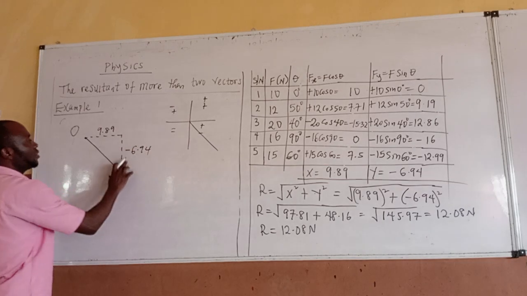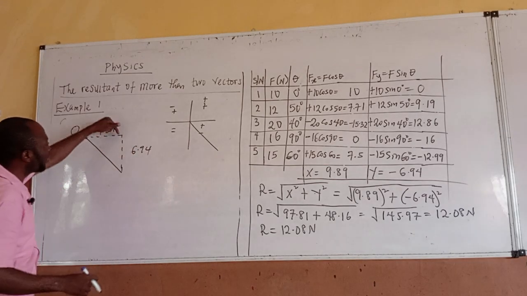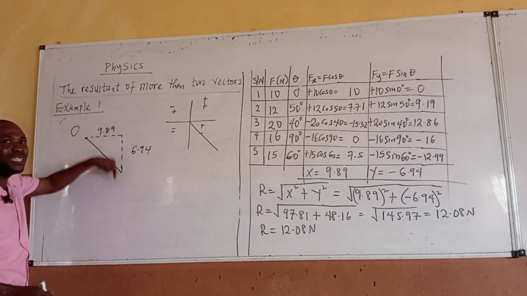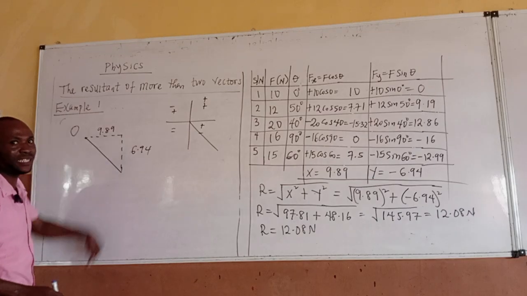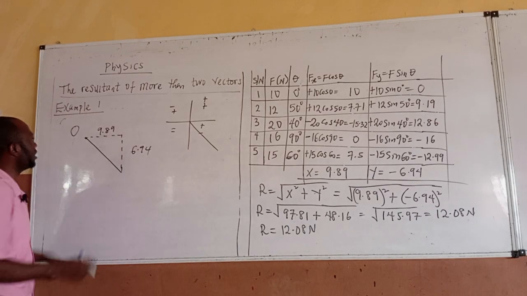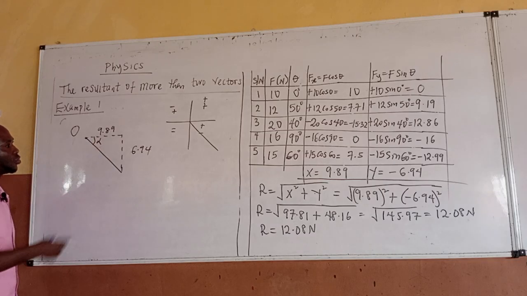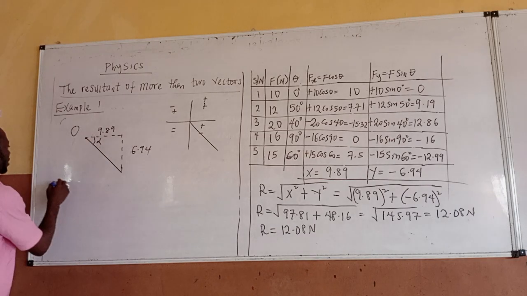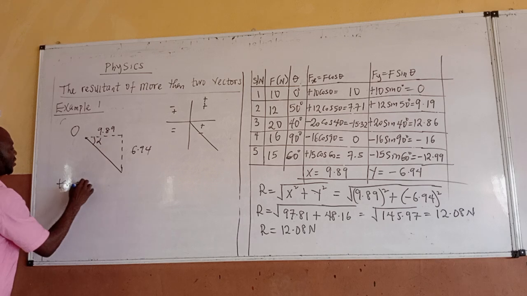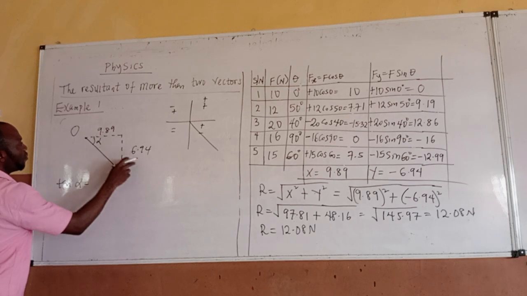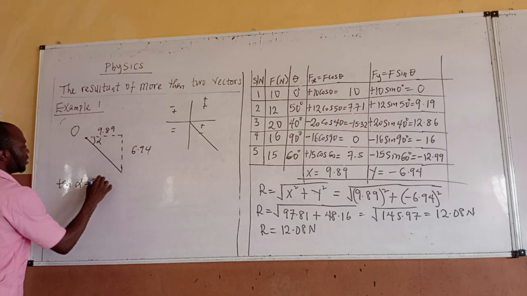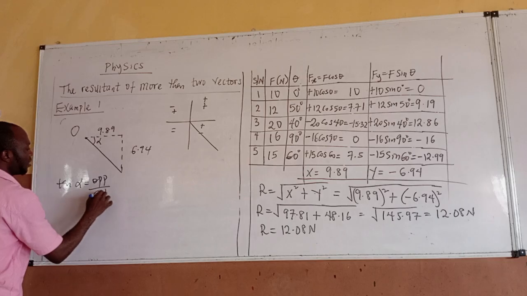But you are not going to use the minus in the calculation. Since you have put the diagram showing that it's coming down, it has automatically shown that it is negative. Then you put your angle here. You can call it alpha. Look at the formula from the other time: tan alpha equals opposite over adjacent.